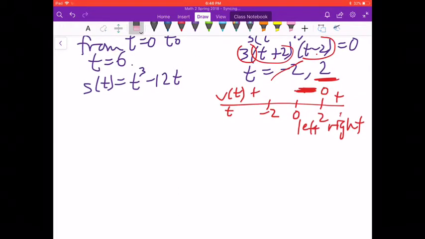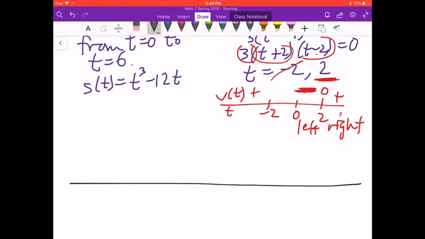So I'm going to make myself a little timeline here, like so. And when I say timeline, I'm really talking about position. I'd like to know what the position is. So starting off, the position we're going to say is equal to 0 right here, kind of in the middle here.